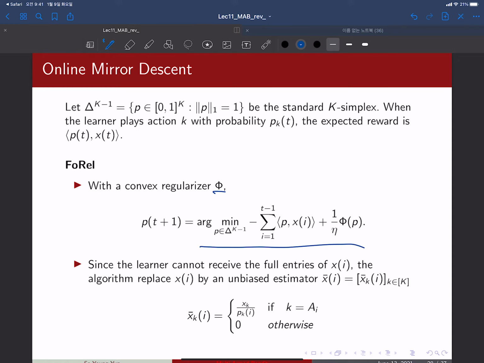And every time, instead of the simple reward vector, because we don't know the other reward values except the played arm, we remake an x bar vector using importance sampling so that the expectation of x bar is equal to the original x vector.